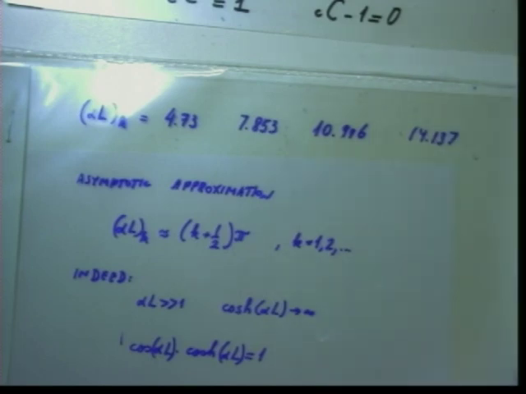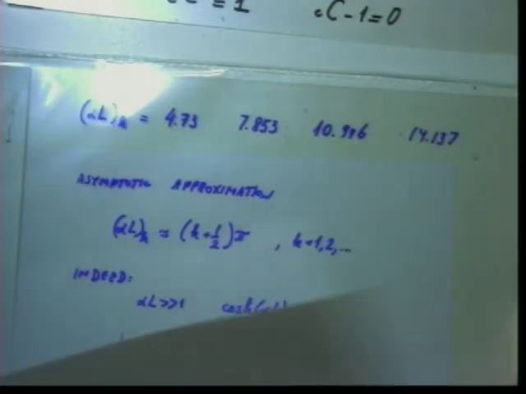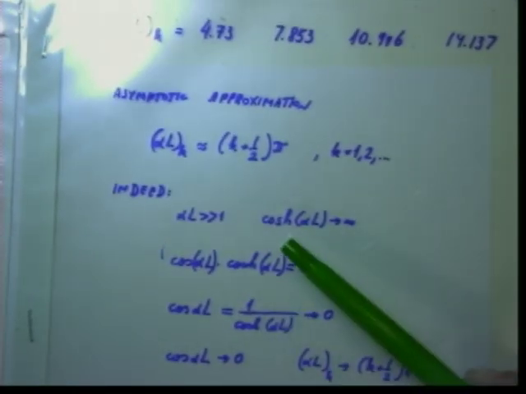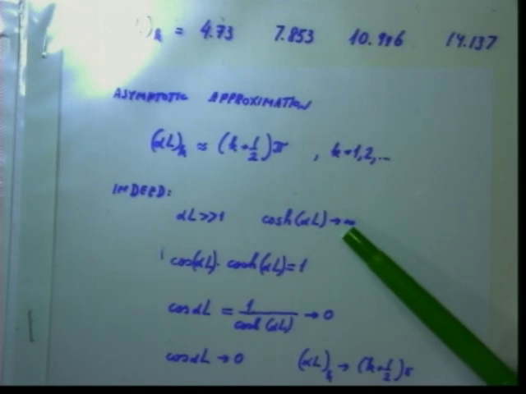And the solution actually is found analogously. Indeed, pay attention. For alpha L much greater than 1, hyperbolic cosine goes to infinity. Is it right?